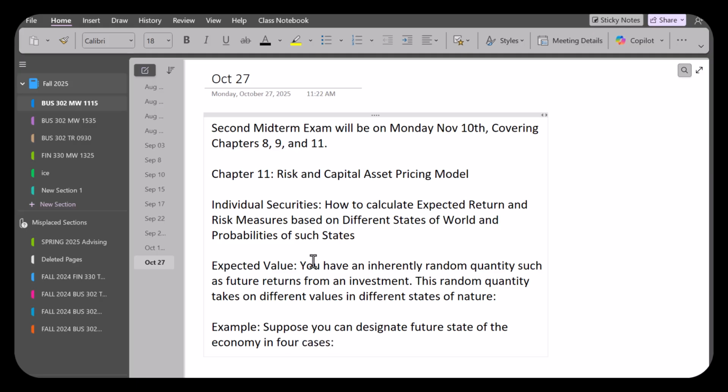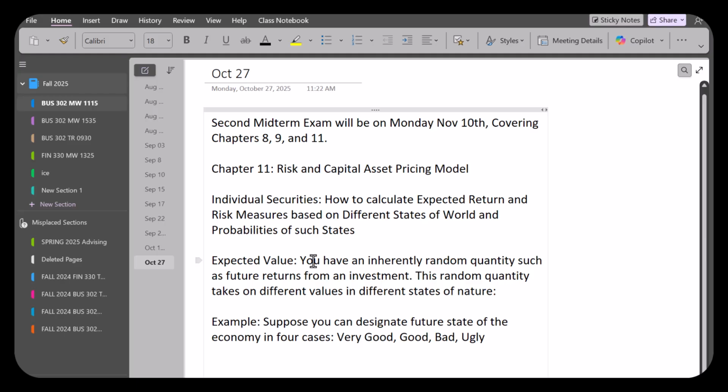Let's call it very good, good, bad, and ugly. Very good, you can think of it as economy good, somewhat normal, bad, a little bit low growth, ugly, deep recession, something like that.